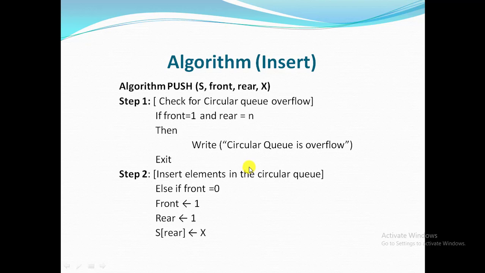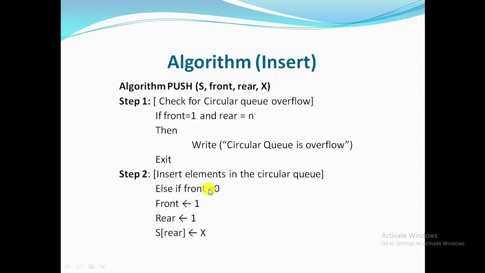Then we'll see the algorithm of insert operation. First we'll check whether the circular queue is overflow or not. If front is equal to 1 and rear is equal to n, at that time we can directly print circular queue is overflow. Next we'll insert the element in the circular queue.